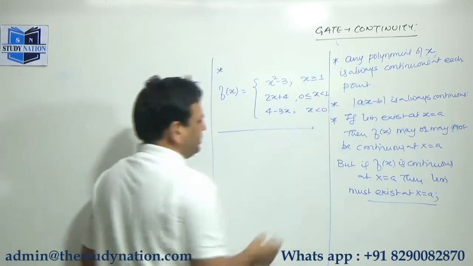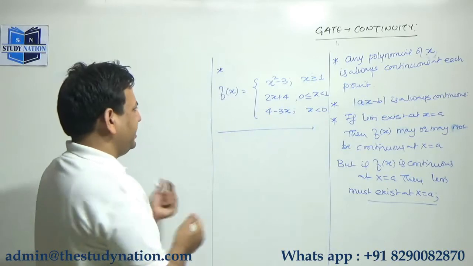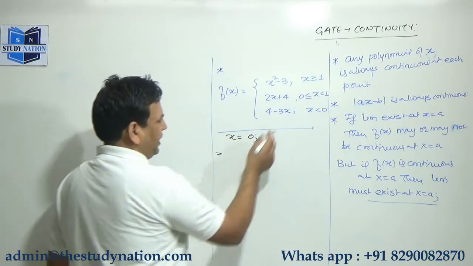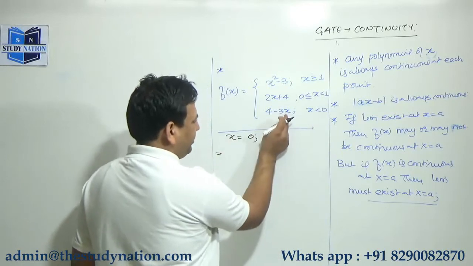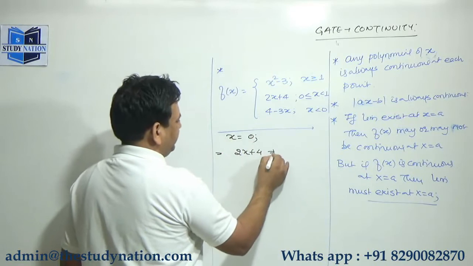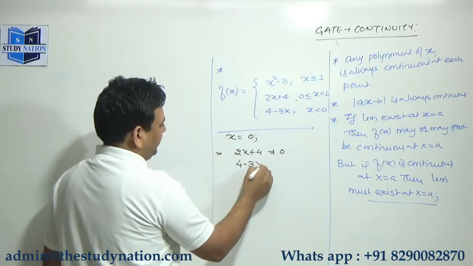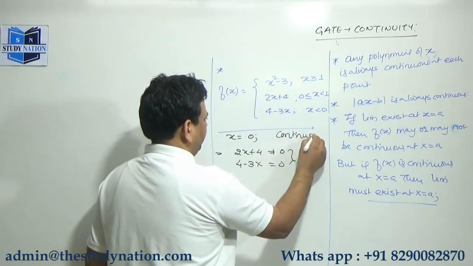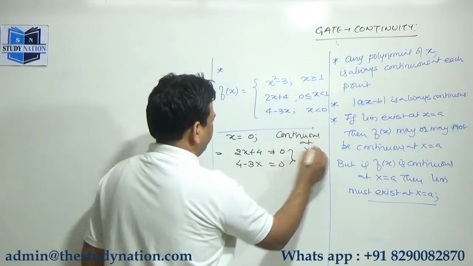Suppose somebody asks you to check the continuity. Where will I check the continuity? I will check the continuity at x equal to 0. If I put x equal to 0, we will get 0 here. So 2x plus 4 is 0 and 4 minus 3x is 0. So it is continuous at x equal to 0.